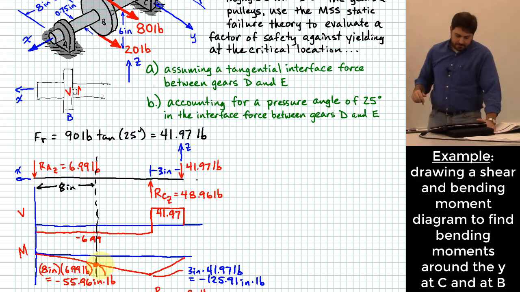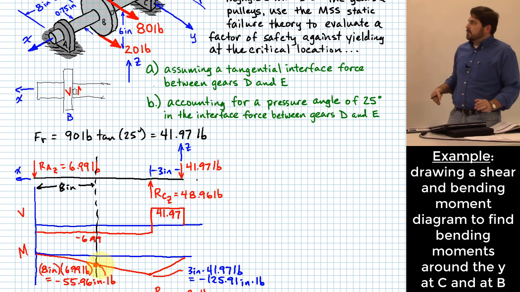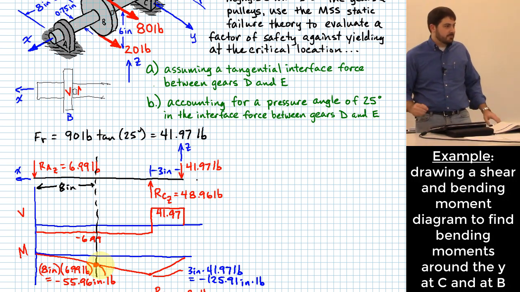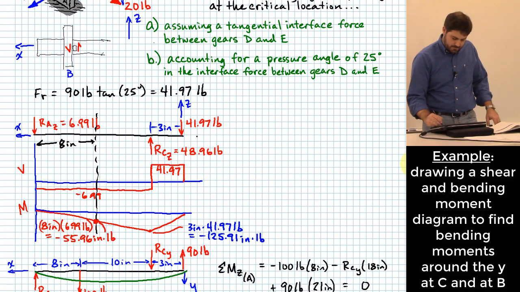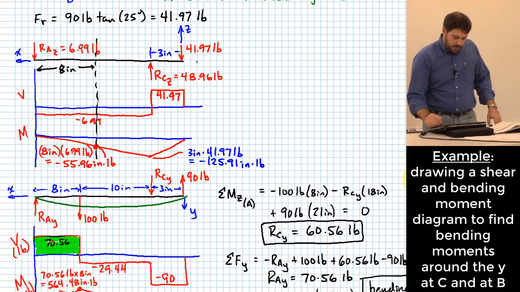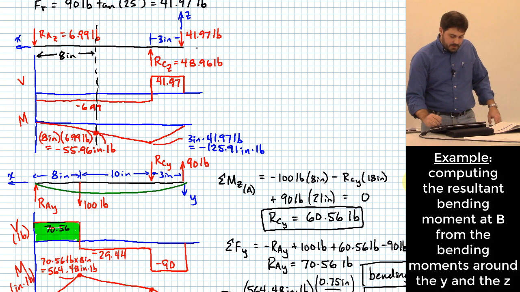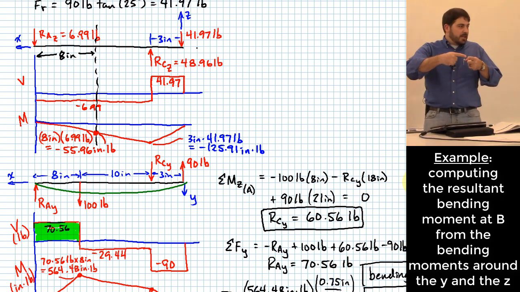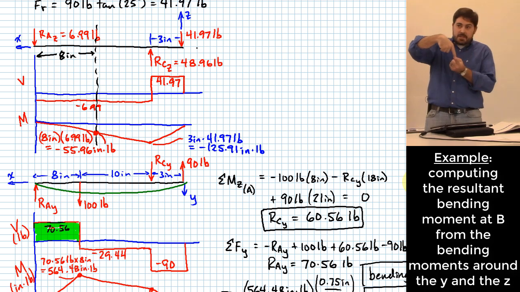You might be wondering, what do we do with this now? You might not be expecting this, but you can combine two bending moments around perpendicular axes. You can figure out what the overall bending moment is by doing what, you think?